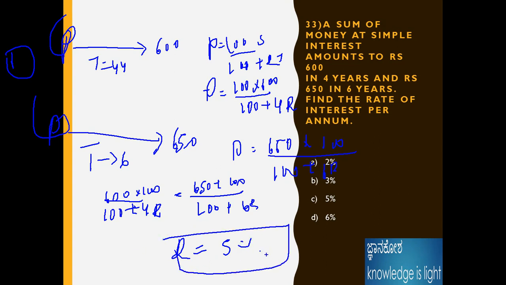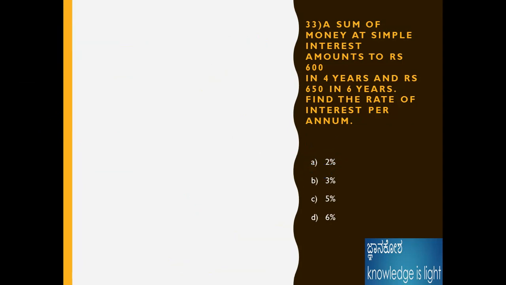Or just choose this method as well. The other method: for 4 years the amount is 600, and the amount should be principal plus interest, as we already know. For 6 years it is 650.